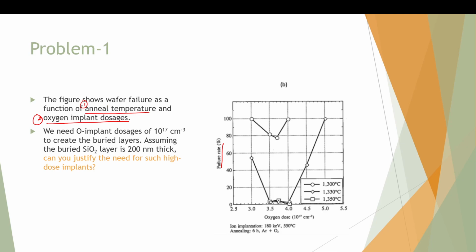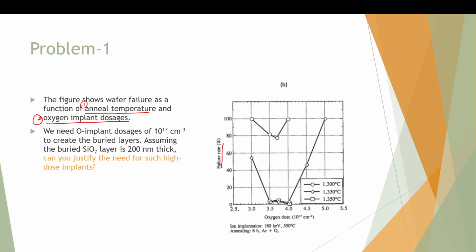So high temperature anneal actually reduces the defects, but it's not that simple. So we have to check for what oxygen implant dosages and what anneal temperatures we are getting the best yield in terms of failure rate. So we require zero failure rate or near zero failure rate.